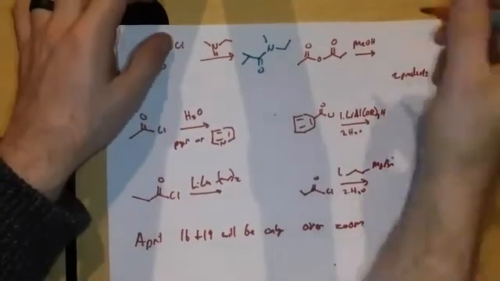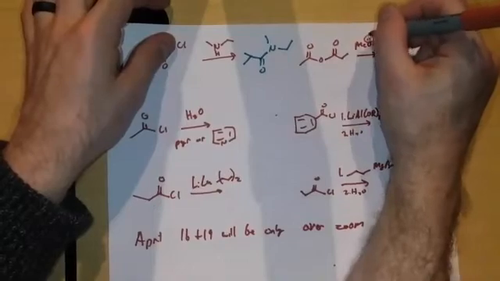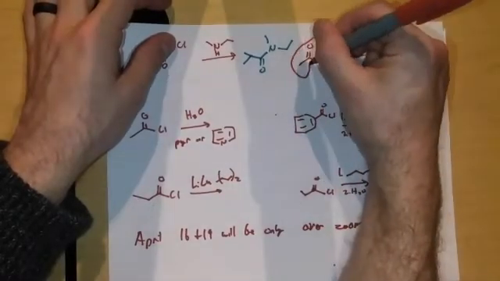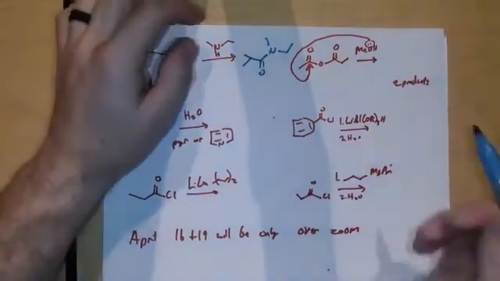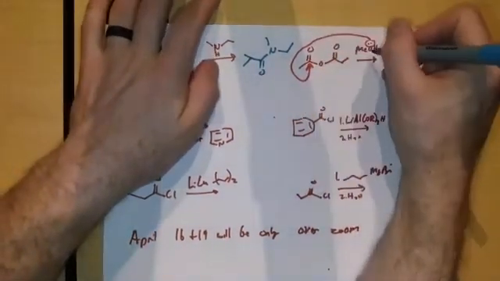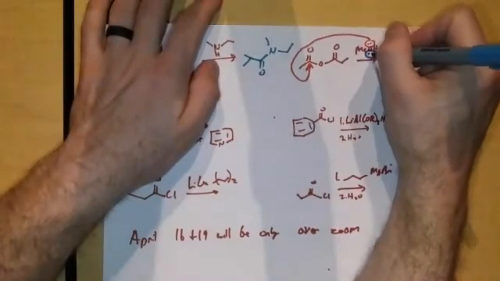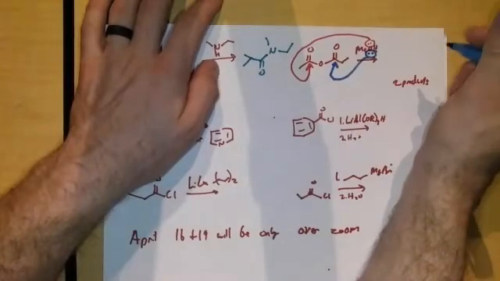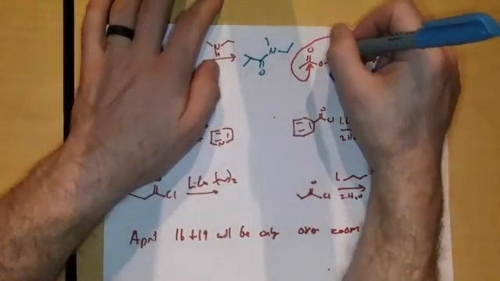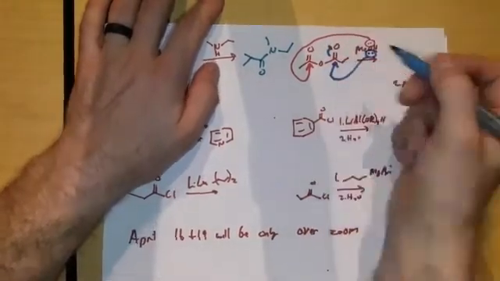Your methanol can either attack this carbonyl, which would give you the ester of that, versus attacking at this position, which would give you a different ester.